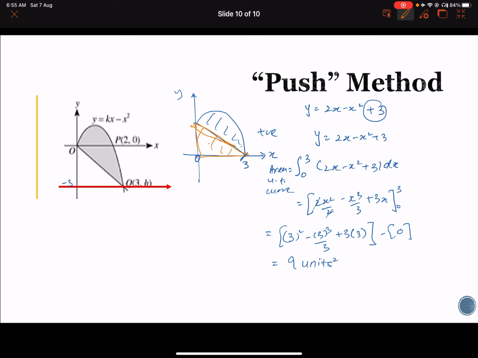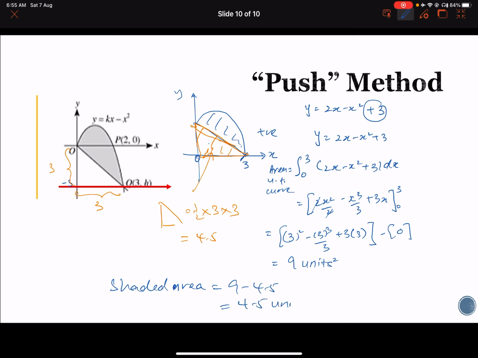Remember, earlier on we already knew that this is 3 units and this is 3 units. So this triangle area is half times 3 times 3, which gives me 4.5. In the end, my shaded area will be 9 minus 4.5, and you will also get 4.5 square units.